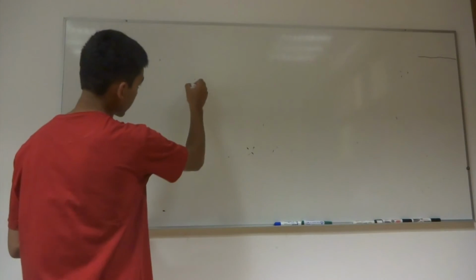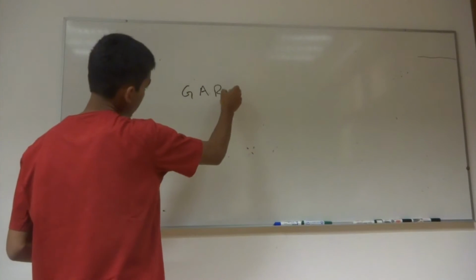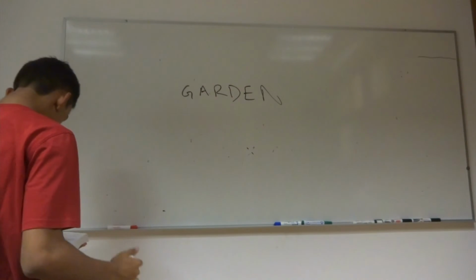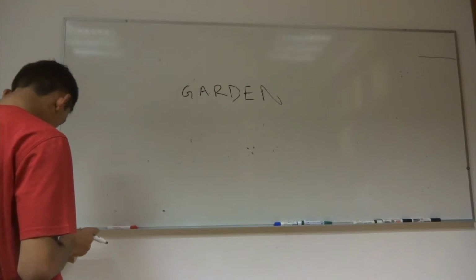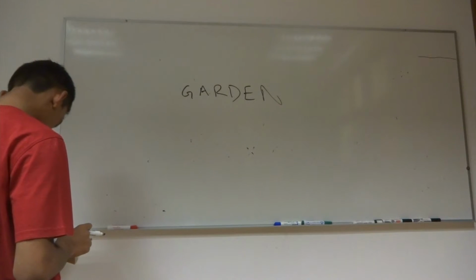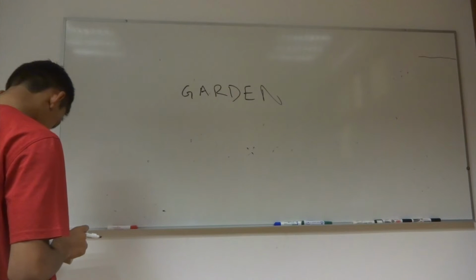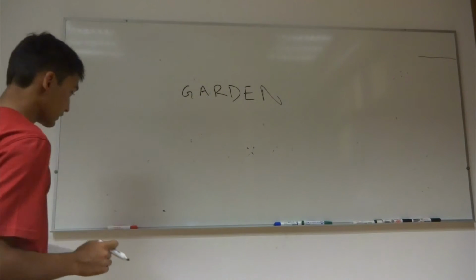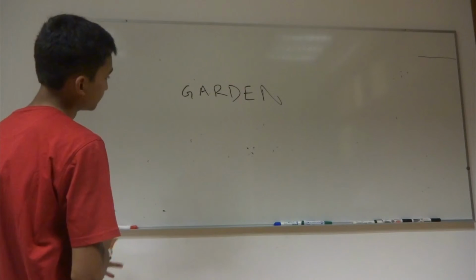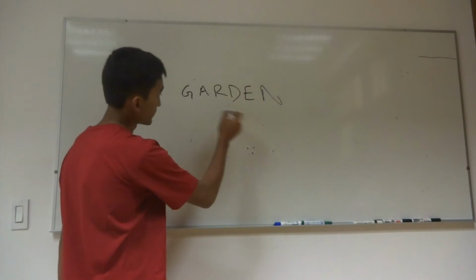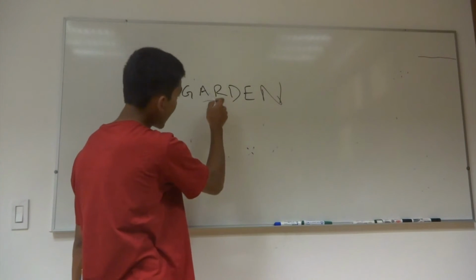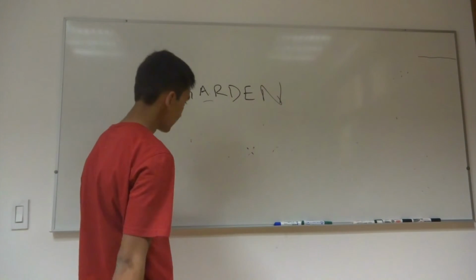How many ways can the word garden be arranged such that the vowels are in alphabetical order? So as you can see, they're asking for the number of ways of arranging them such that the vowels are in alphabetical order.